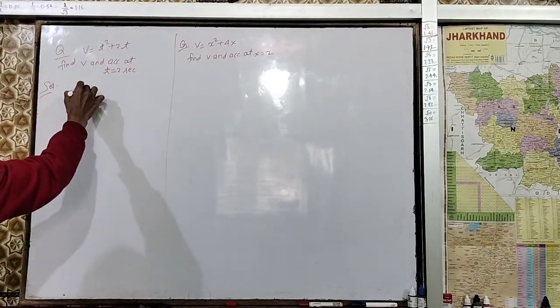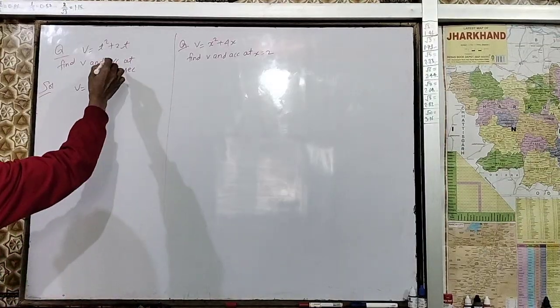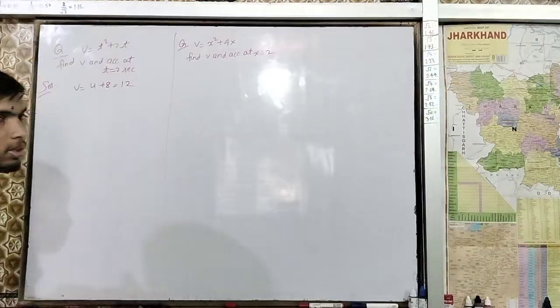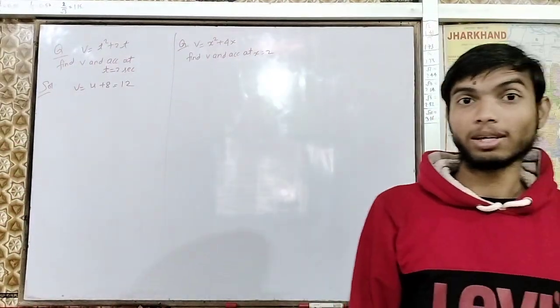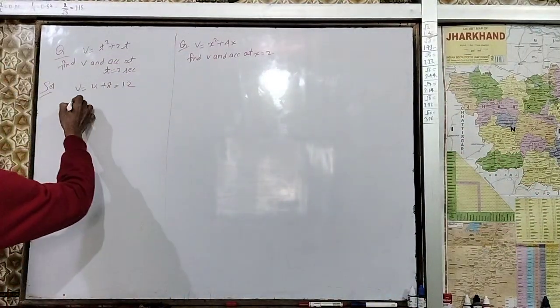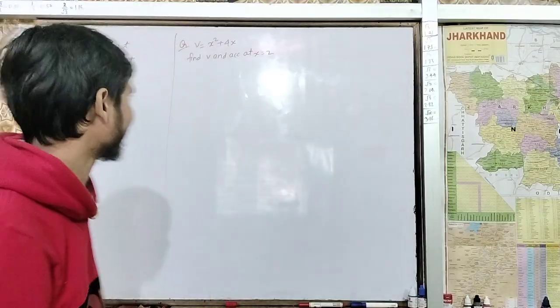V is going to be 2 to the 4 plus 4 to the 8. So 4 plus 8, 12. V is 12. What about acceleration? You will have to differentiate for acceleration.